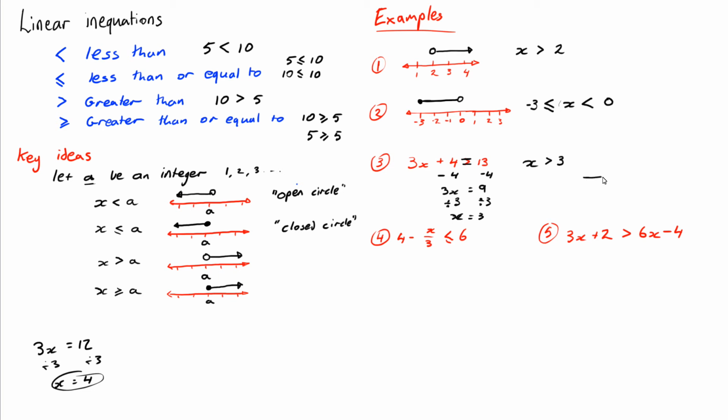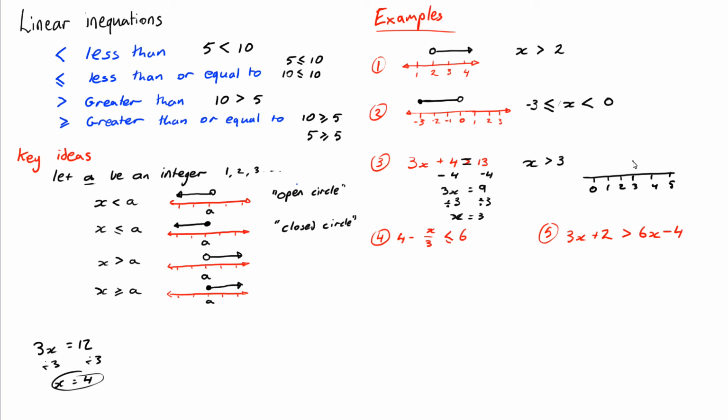Now I can draw a number line and put some dots in. So I've got 0, 1, 2, 3, 4, and I'll go 5 there. First thing I say is I've got a greater than symbol. Greater than, it's not including, so I'm going to start with an open circle.